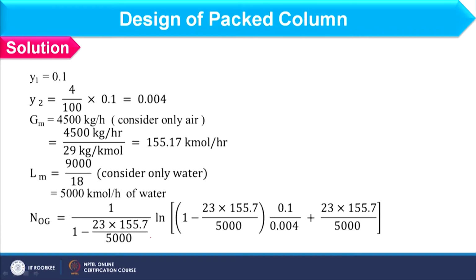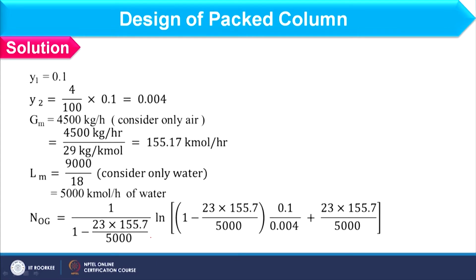As far as height of the PEG column is concerned, that is basically HOG as well as NOG. First of all we will find out NOG and then we will proceed for HOG calculation. NOG depends on the initial and final concentration of the solute in the gas phase, right.